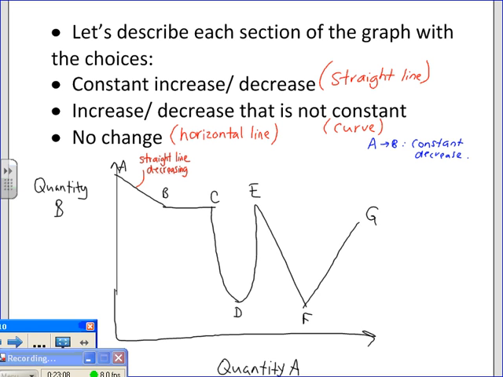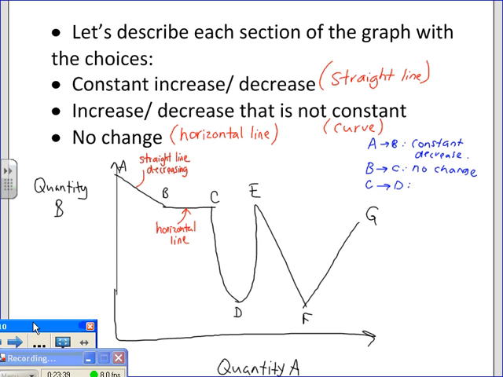Okay, let's look at B to C. On my graph, it's a horizontal line. A horizontal line tells me there's no change. So quantity B is staying the same. So no change. Let's look at section C to section D on our graph.